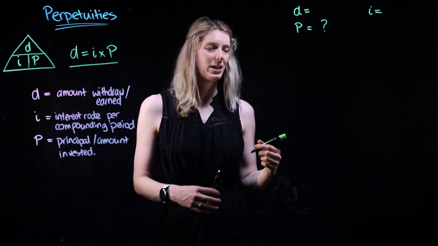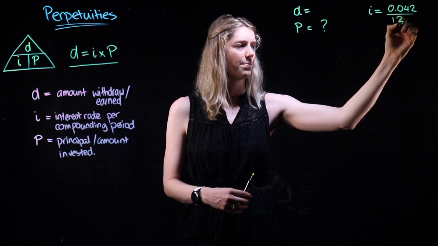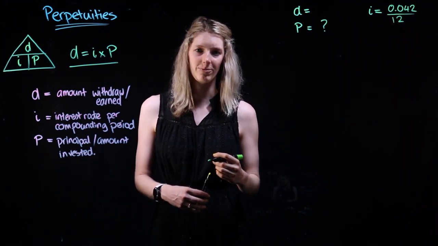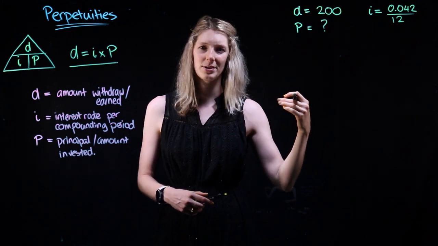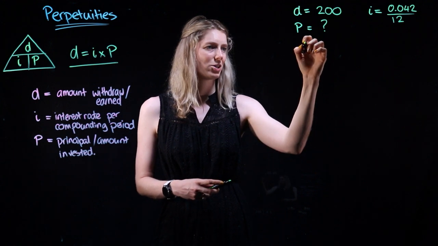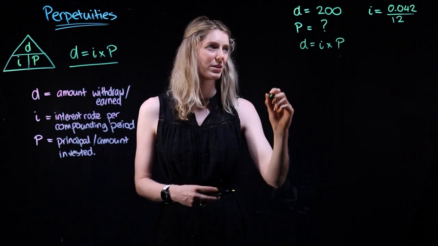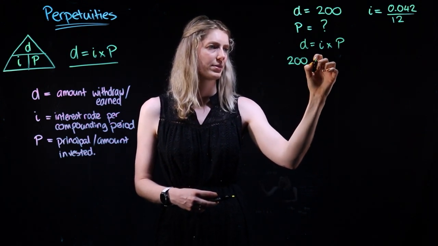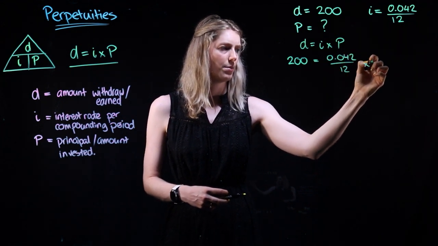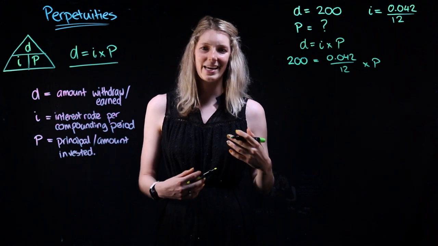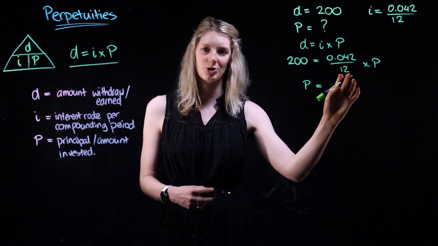We've been told that we are earning interest at the rate of 4.2% per annum, and this is being compounded monthly, so we're going to divide that by 12. Then we are told that we have $200 withdrawn every month, so that will be our value of D. So we can take these and substitute them into our perpetuity formula, whereby 200 equals 0.042 on 12 multiplied by P. Now to get our value of P by itself, we are simply dividing both sides by this fraction here.